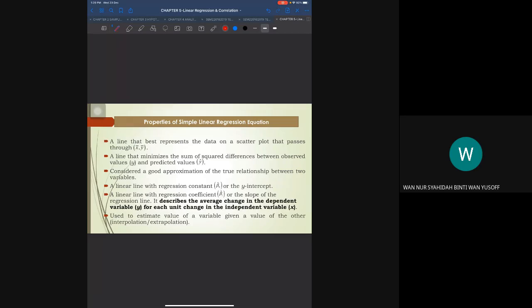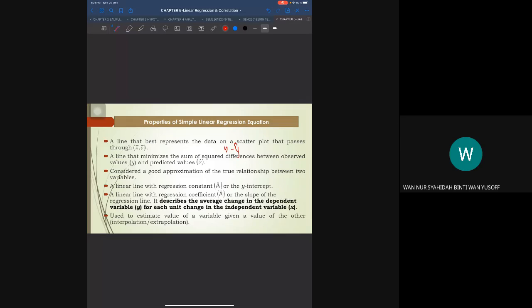So these are the properties of the simple linear regression equation. It is a line that best represents the data on the scatter plot that passes through X bar and Y bar. It is your regression line. A line that minimizes the sum of squared distances between the observed value and the predicted value, so it is about Y minus Y cap.